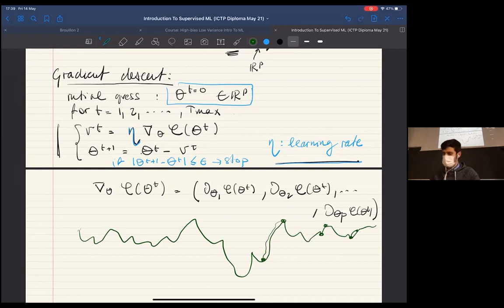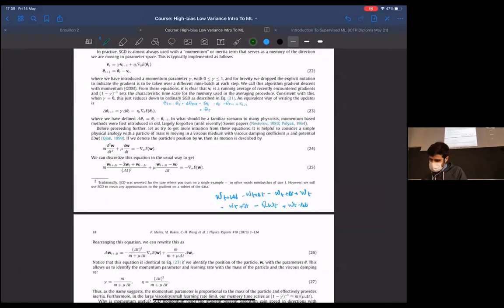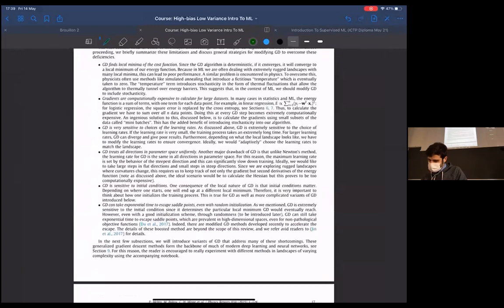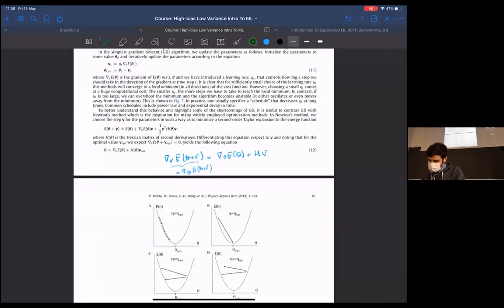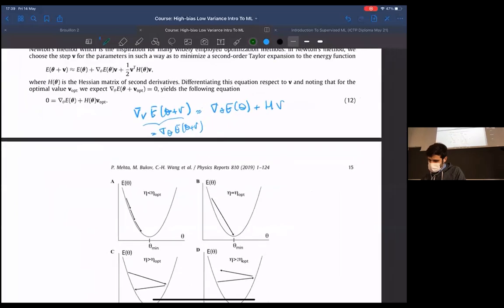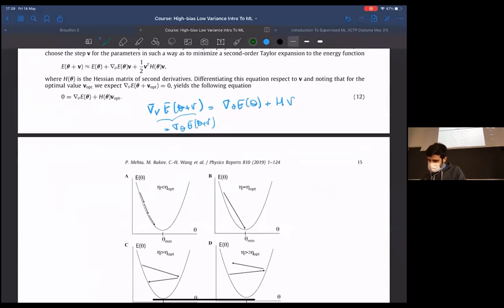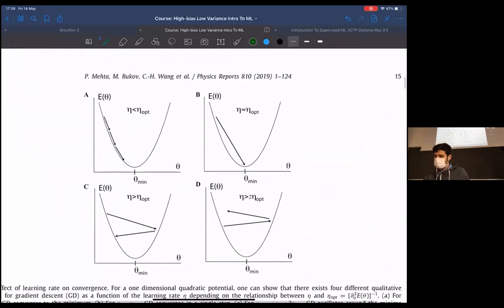Okay, I will not write equations. Let me just show this picture with the different scenarios. Here is a very simple example. It's just a quadratic function of theta.